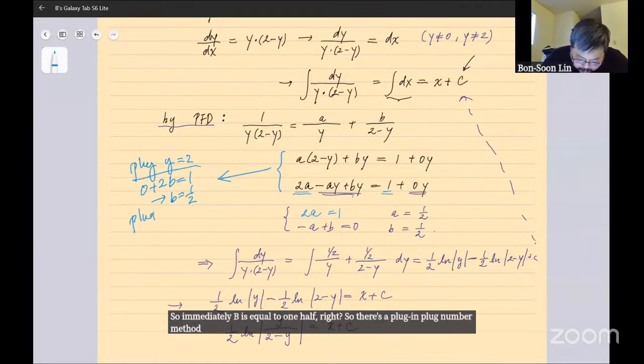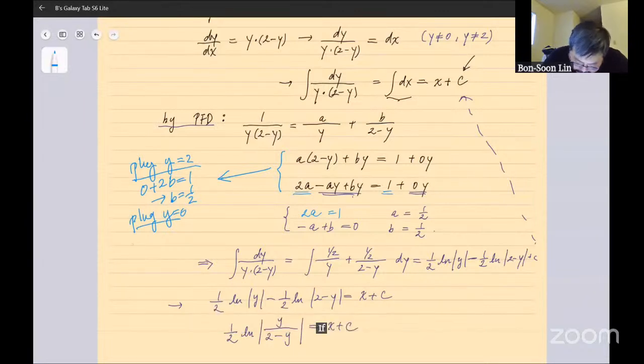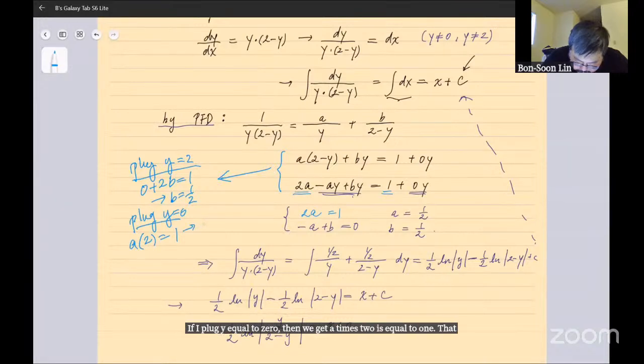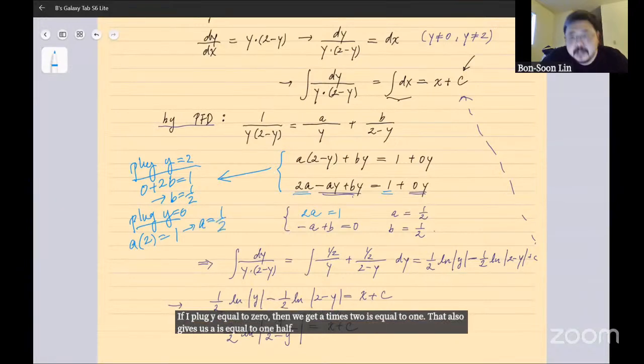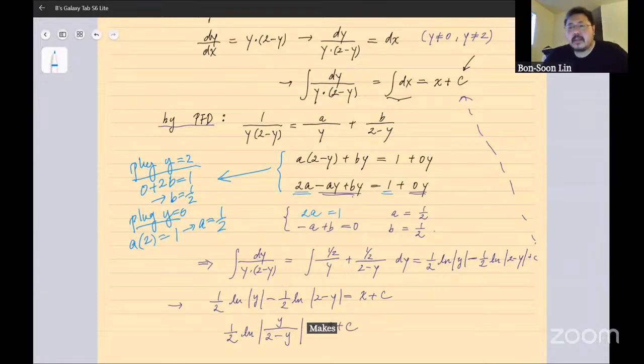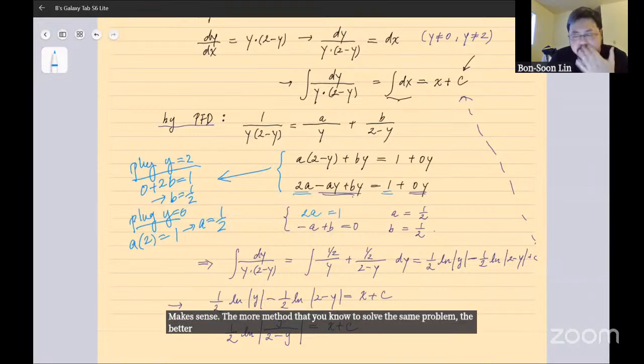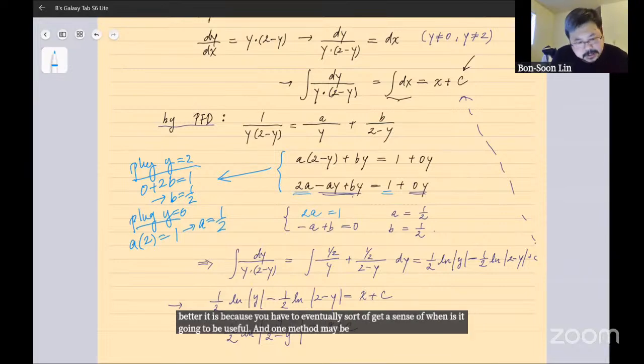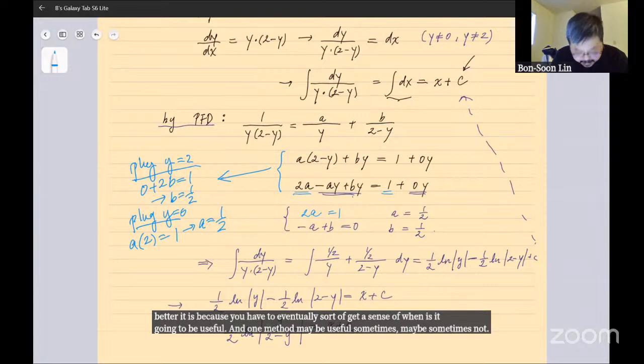And we can plug in y equal to 0. If I plug in y equal to 0, then we get A times 2 is equal to 1. That also gives us A is equal to 1/2. Make sense? So the more methods that you know to solve the same problem, the better, because you have to eventually get a sense of when it is going to be useful. One method may be useful sometimes, and sometimes not.